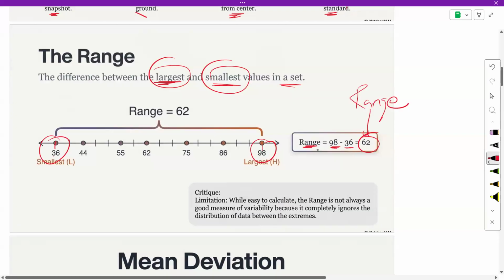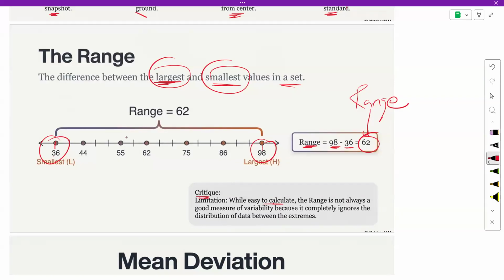Now the limitation, the problem with this measure. While it is easy to calculate, the range is not always a good measure of variability because it completely ignores the distribution of the data between the extremes. So it has a lot of issues.